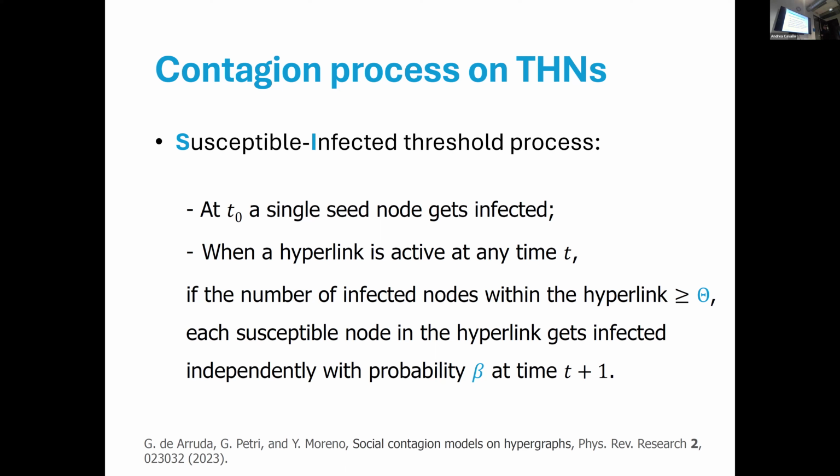When a hyperlink is active at any given time t, if the number of infected nodes within the hyperlink is larger than threshold theta, then each of the susceptible nodes in the hyperlink can be infected independently with infection probability beta at the next timestamp. This is the contagion process.